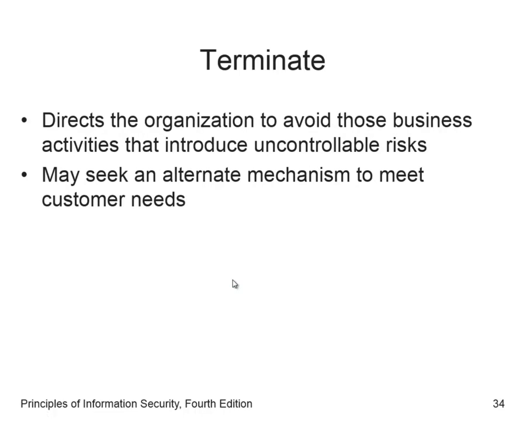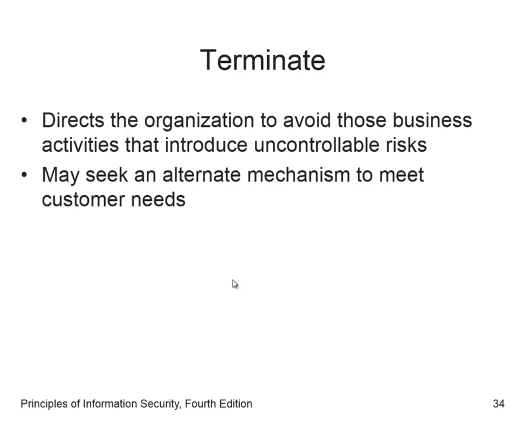The terminate control strategy directs the organization to avoid those business activities that introduce uncontrollable risks. So if the activity is considered a risky activity, then just eliminate or terminate that activity. If we eliminate it, now, are we affecting the company's operation?